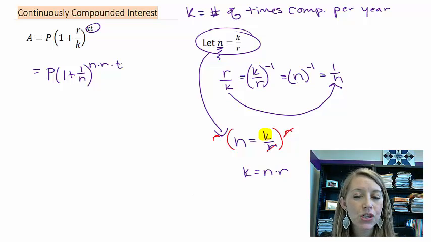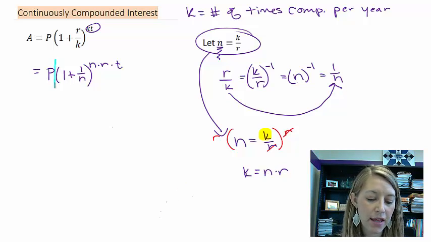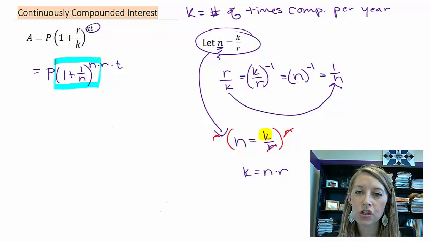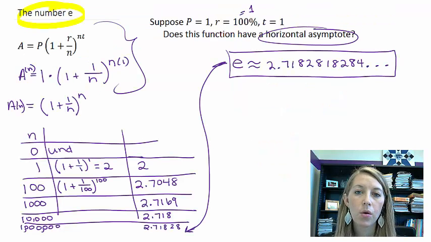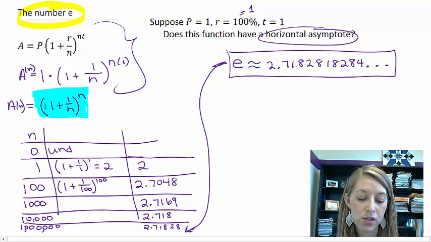Okay, now I actually have this formula exactly where I want it to be. If I were to look at this portion of the formula, we've actually seen that formula before. We saw it when we were trying to come up with the number e. We saw it right here, 1 plus 1 over n to the n value. That's exactly what we saw.